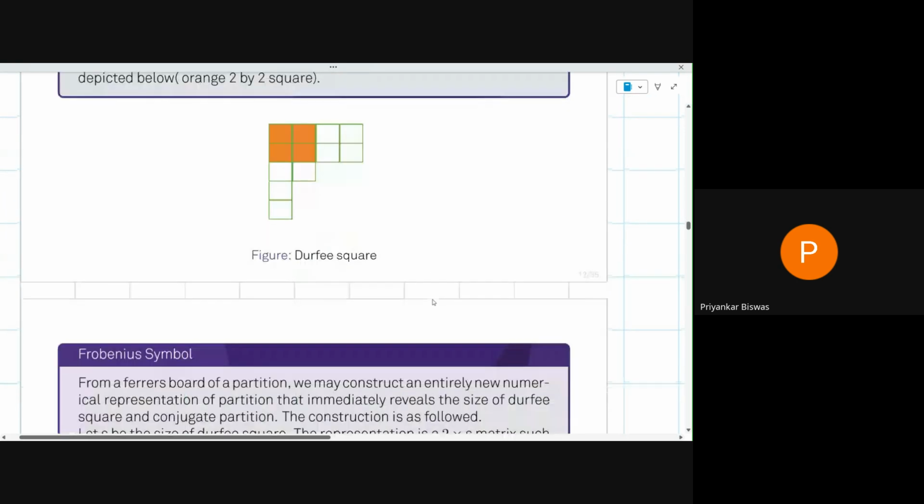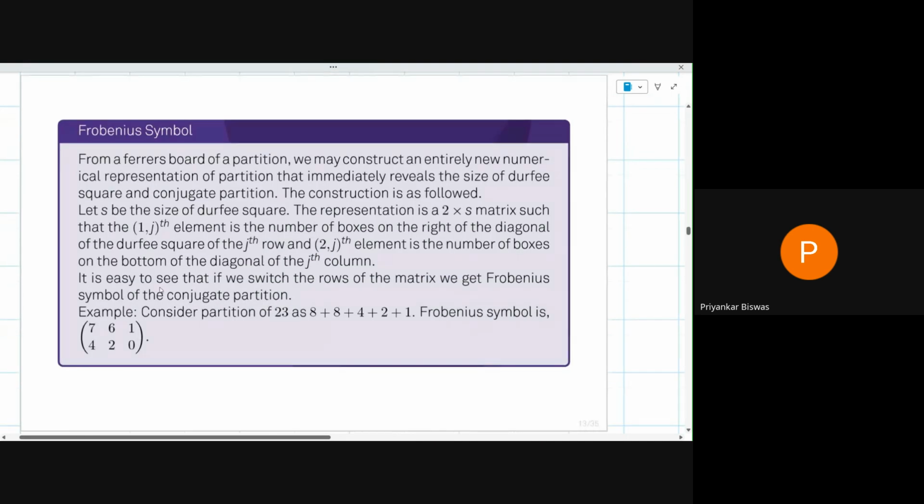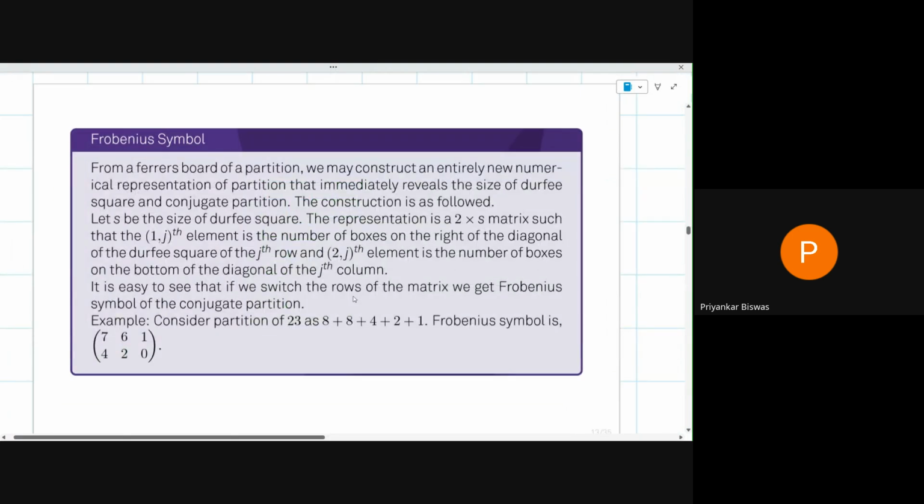And the Frobenius symbol is a matrix representation of a partition. If we're given a partition, first find the size of the Durfee square. Say here it is 2 by 2. So find its size.